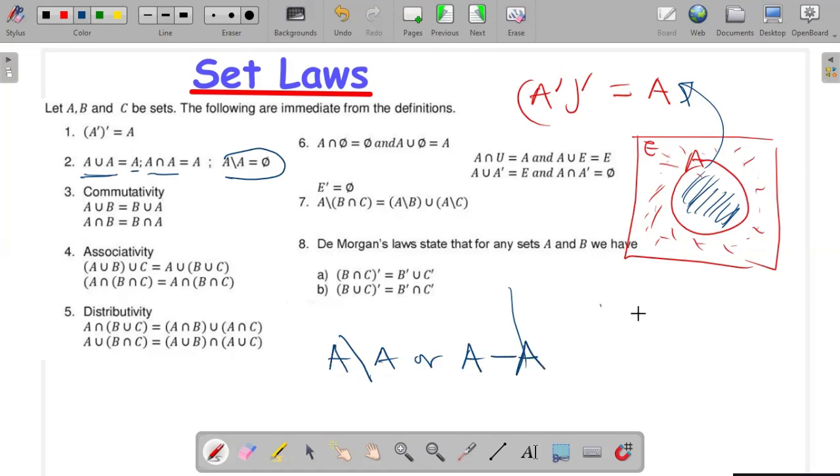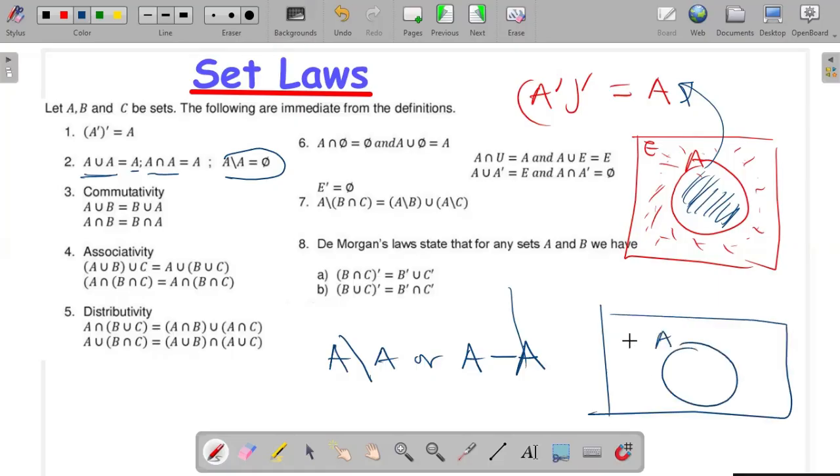If I was to write my Venn diagram like this, then I have the set A here. Then they're telling me the set difference here, or you would see it written also as A intersect A complement. So A and its complement, do they have anything in common? This is the set A, and what is its complement?